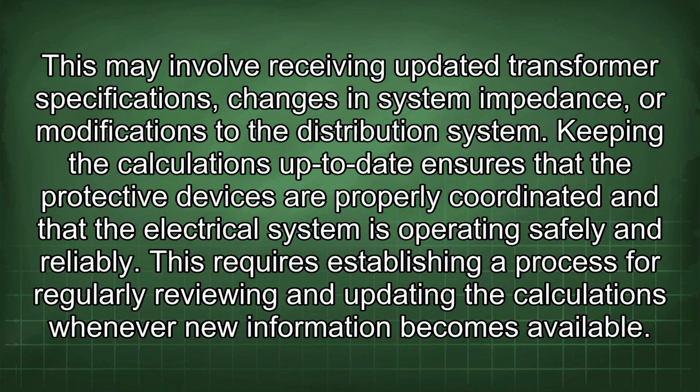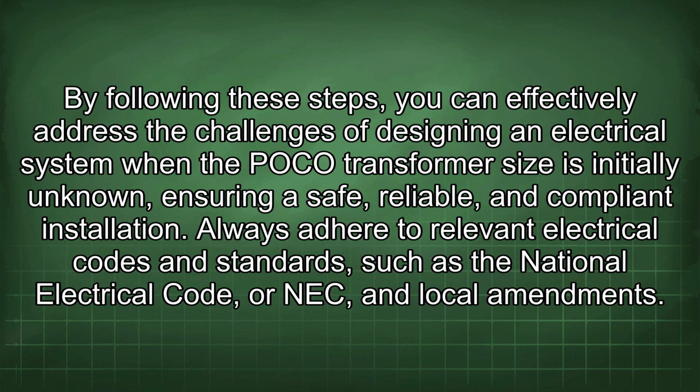This requires establishing a process for regularly reviewing and updating the calculations whenever new information becomes available. By following these steps, you can effectively address the challenges of designing an electrical system when the POCO transformer size is initially unknown, ensuring a safe, reliable, and compliant installation.